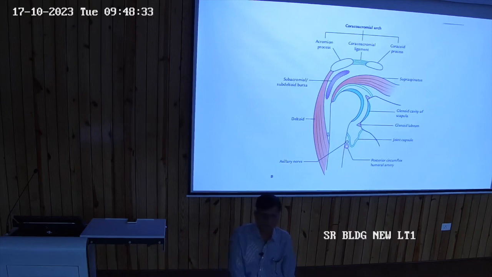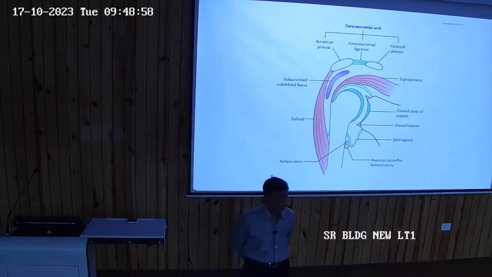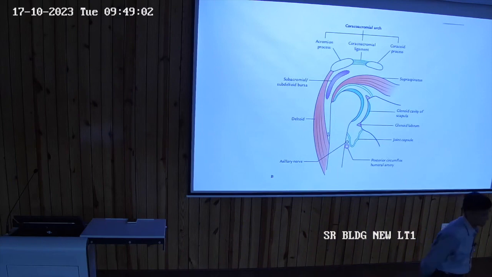Medial rotation by subscapularis, lateral rotation by part of the deltoid and also the infraspinatus muscle. So these are the various muscles taking part in different movements of the joint.